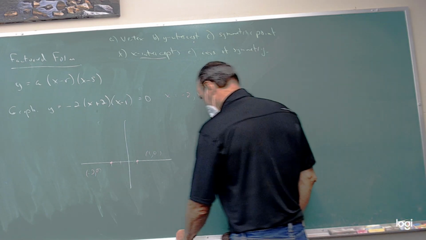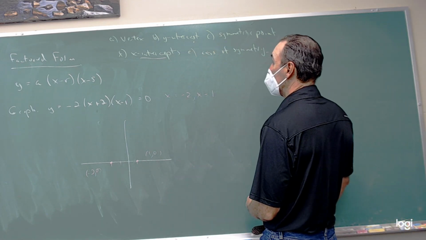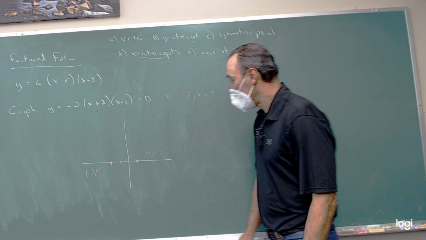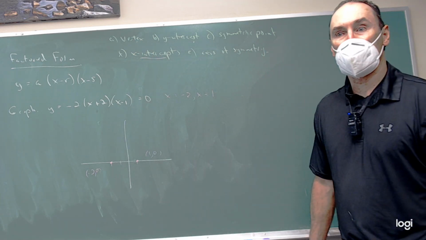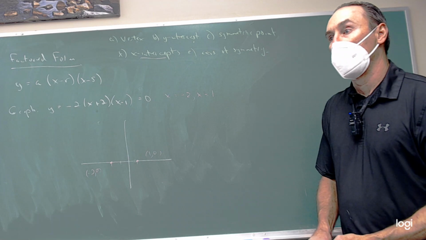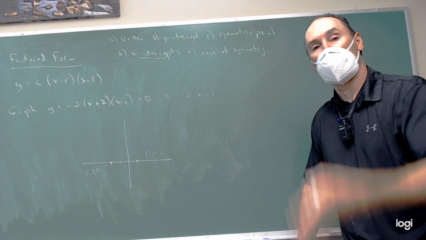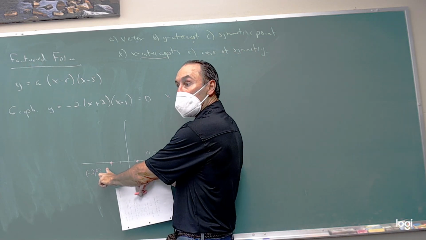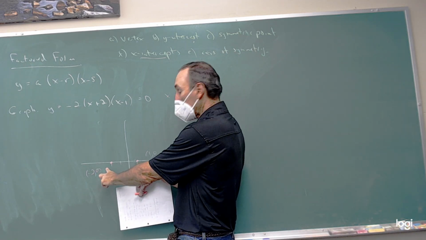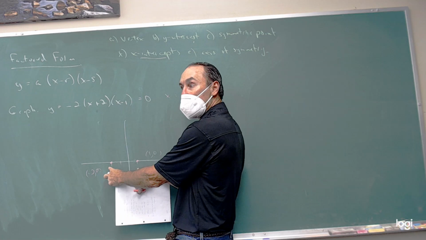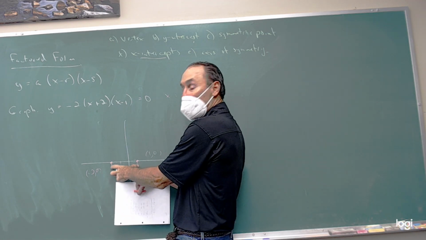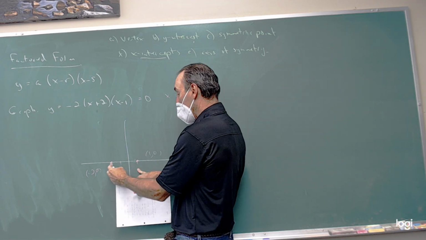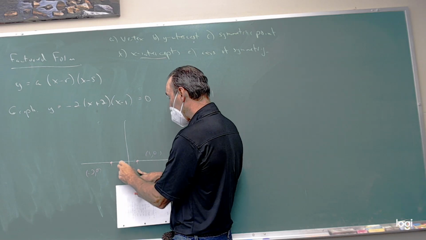It's right there. So now let's find that vertex. Knowing the symmetry of a parabola, where is that axis of symmetry, the line that's going to cut it right in half? It has to be halfway in between these, right? These are 3 apart, so we have to go over 1.5. So 1.5 is going to be right there.